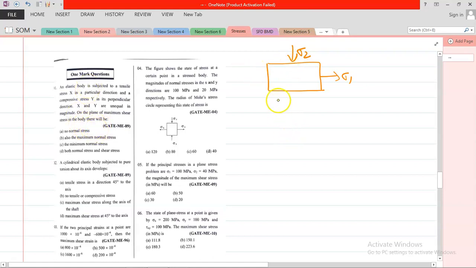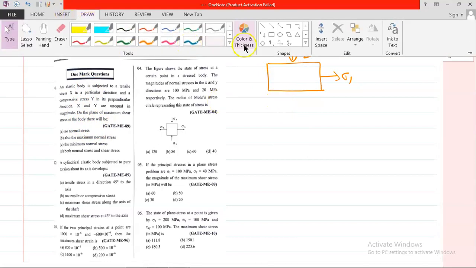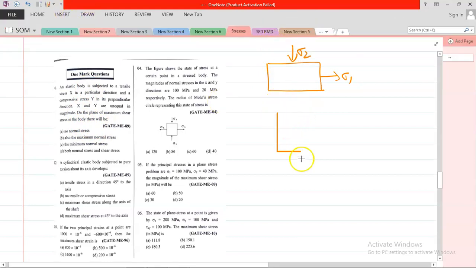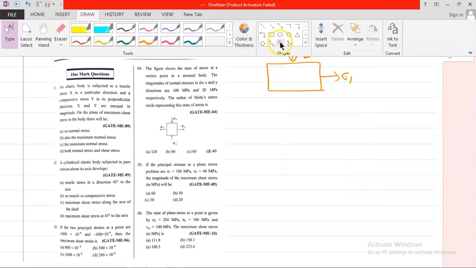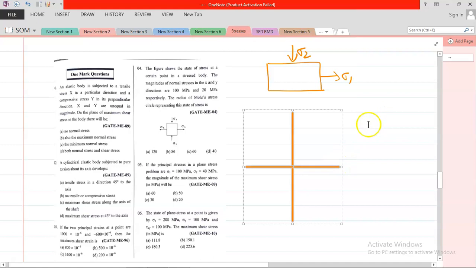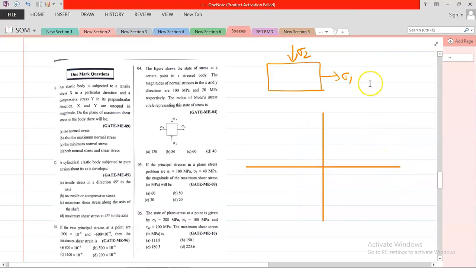First draw the Mohr circle for this. I need to take both axes. Suppose this is the diagram of the Mohr circle. It is given sigma 2, so it will come here as minus sigma 2 comma 0, and sigma 1 comma 0 here.